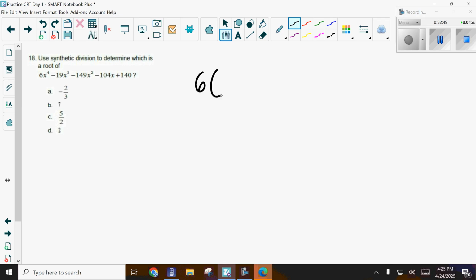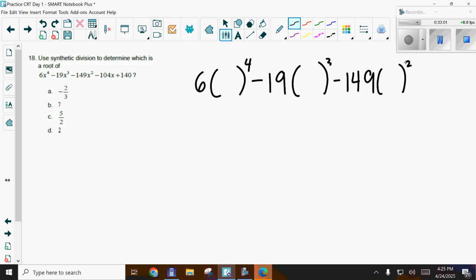If you wanted to, one way you can do this is by using the factor theorem. Factor theorem says if you plug in the value into the x like this, minus 104 parentheses plus 140. I was running out of room, sorry.